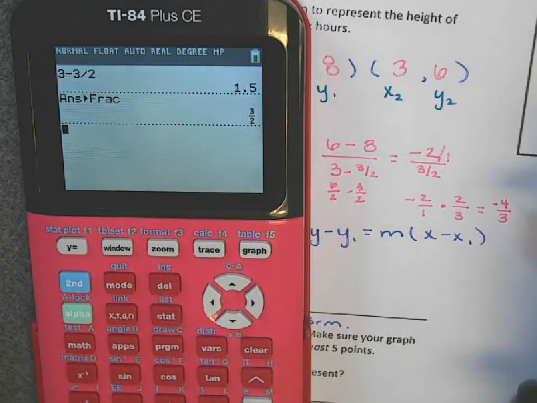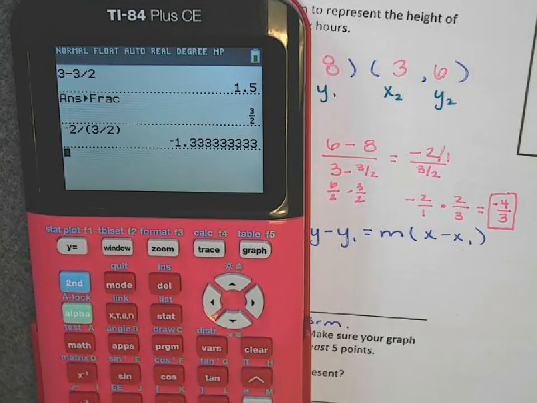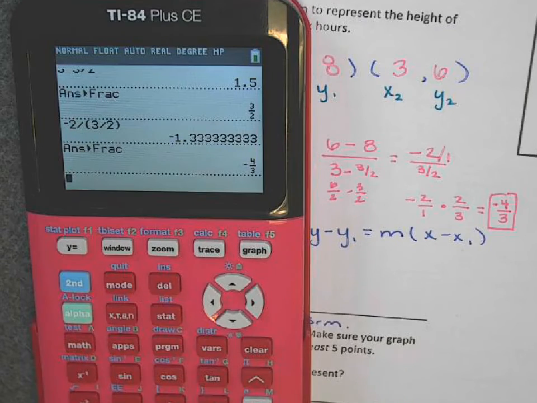Okay. Now I would not write this as a decimal, because if I would have put this in my calculator, negative 2 divided by, I'd have to make sure the 3 halves was in there. I cannot write negative 1.3 as my slope because that wouldn't be accurate. That would be rounding. It wouldn't be an exact answer. However, if I did that in a calculator, I could then hit the math button and the fraction button to figure out it's the same thing as negative 4/3.